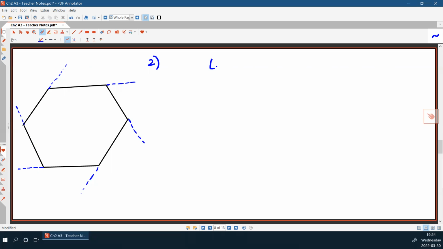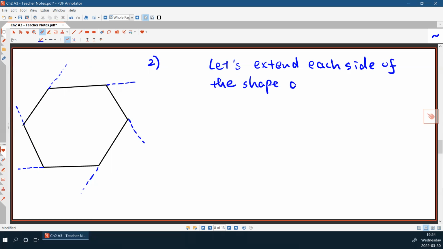Okay, so first of all, let's extend each side of the shape as shown on the left. Then let's mark these angles. So angle 1 is here, angle 2, angle 3, angle 4, angle 5, angle 6.